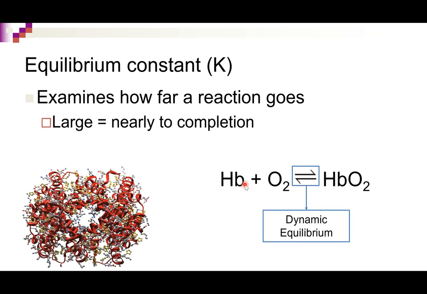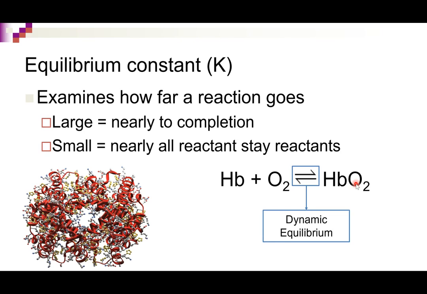If the equilibrium constant K is large, so greater than 1, a pretty big number, when we mix these two molecules together, we'll see that most of them become the product. So this goes almost all the way to completion, but not 100%. So when K is large, we know the products are favored, and it goes almost all the way to the product side.